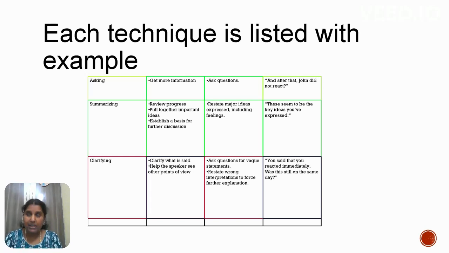We have five types of questions, five W's and one H. These five W's and one H clarify what the author tries to convey to you. The message from the author clearly depicts the techniques of active listening.